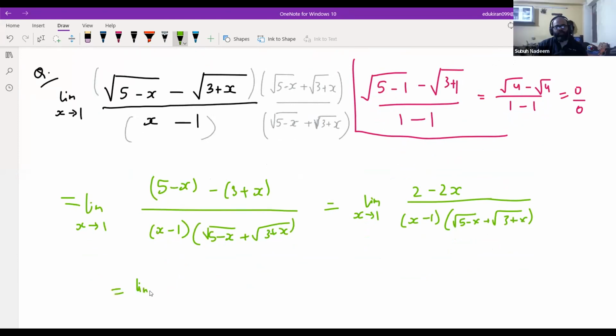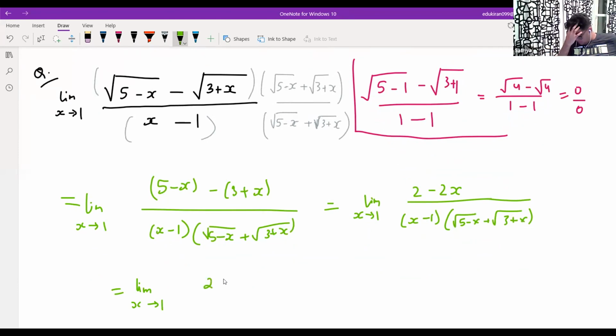So can you take 2 common in the numerator? Yeah, but that will be 1 minus x. And can you take minus common? Now, can you tell me what it will be? Minus 1 plus x.